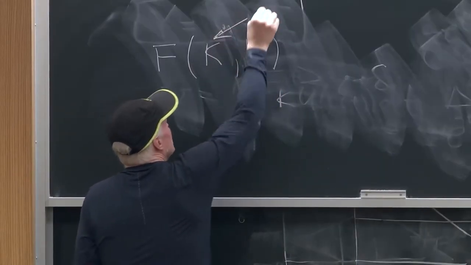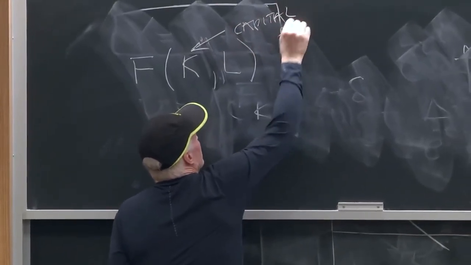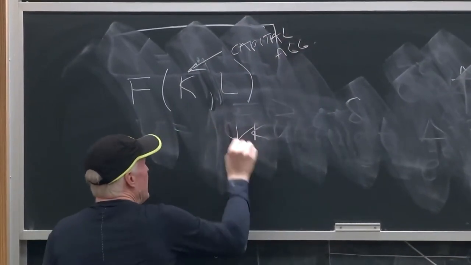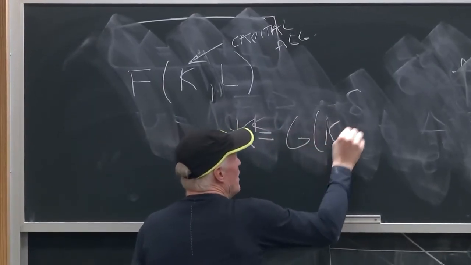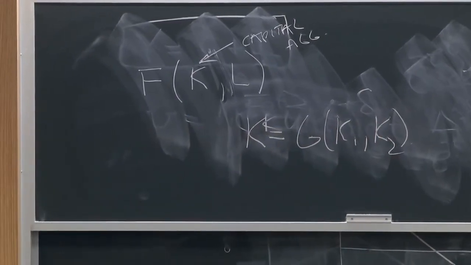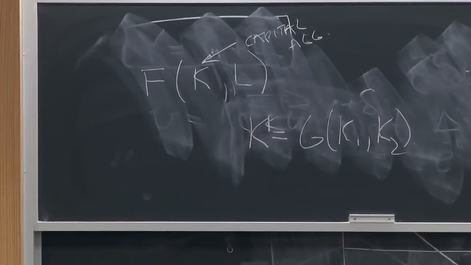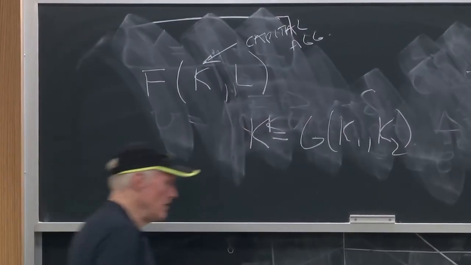Where K is now going to be a capital aggregate, and K equals some function G of K1 and K2. That is, my capital is now a function of two underlying types of capital, K1 and K2.